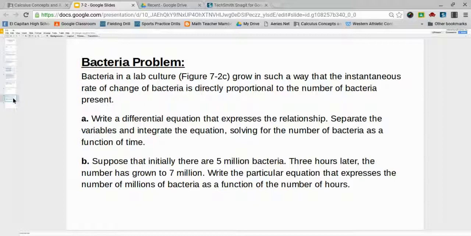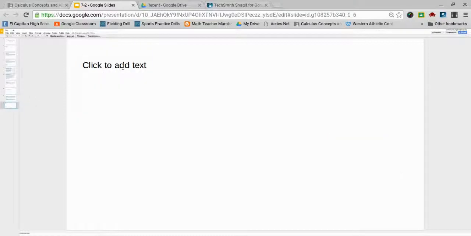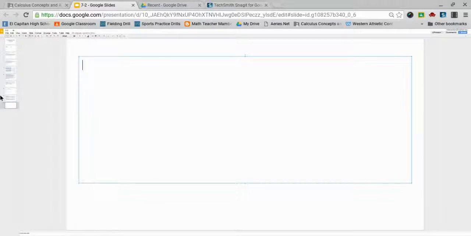So in part B, it says, suppose that initially there are 5 million bacteria. 3 hours later, the number has grown to 7 million. Well, right there I know I'm in hours, and the bacteria is growing by millions. So I'm going to go over here to this blank slide, and that tells me that I'm going to let B equal the number of millions of bacteria.